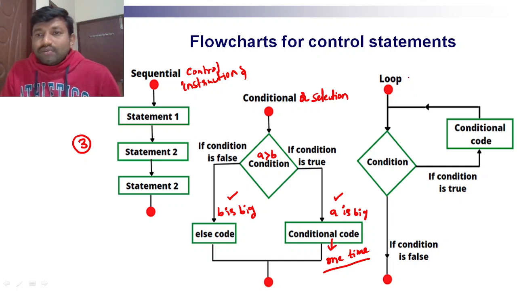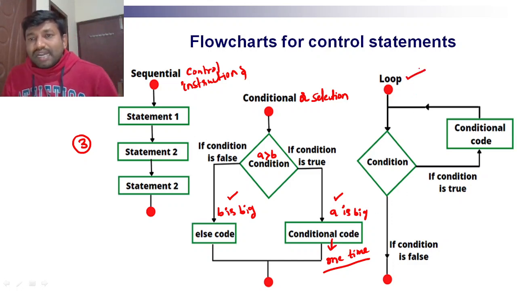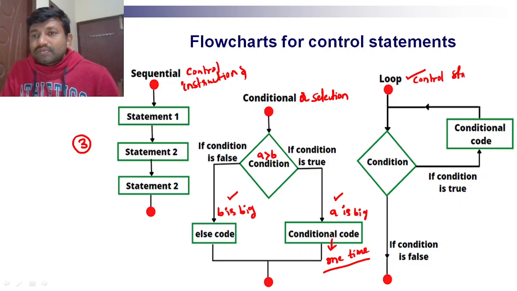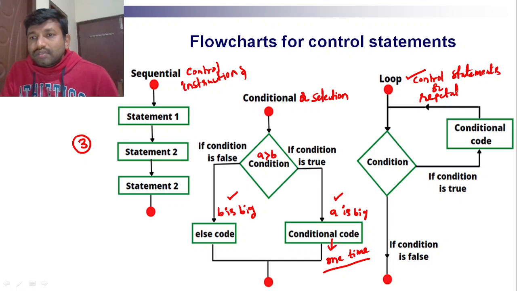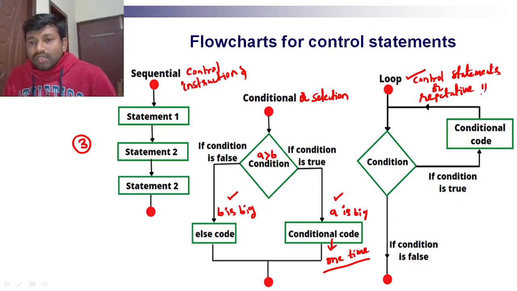Then you have to go with the concept called looping or loop. These are also called loop control statements, or repetitive control statements. You can see if the condition is true, what is happening? Let me test the condition, say if i less than n.